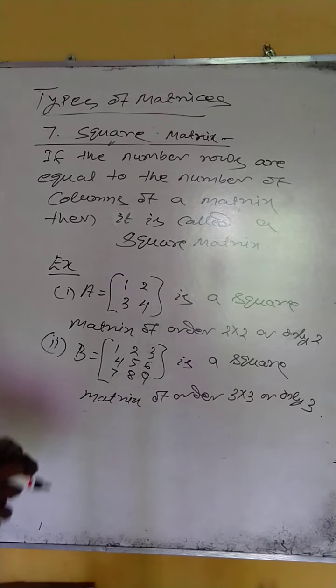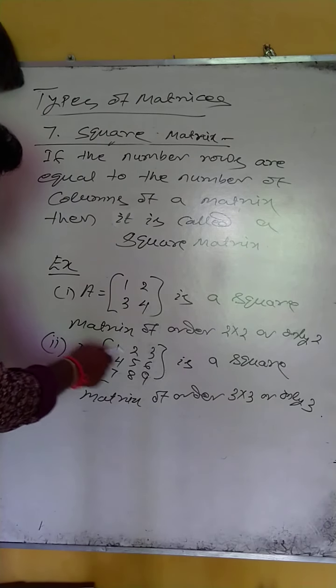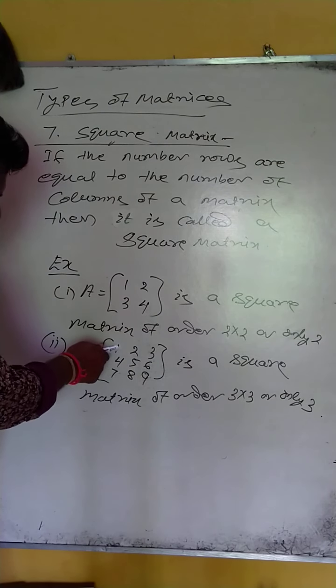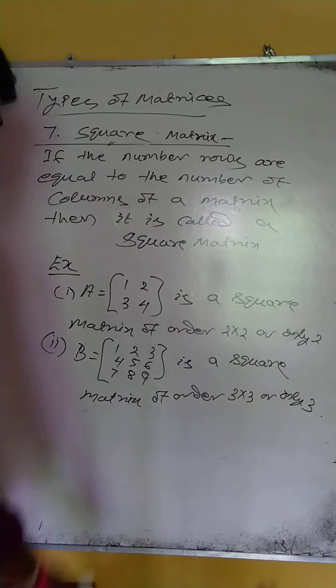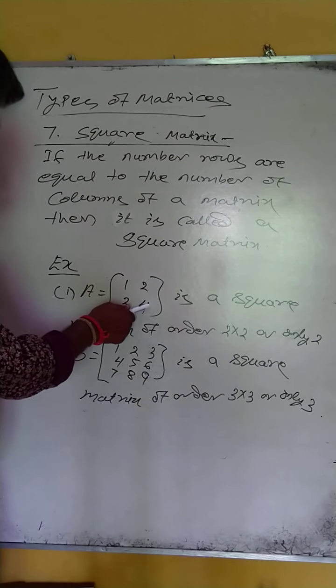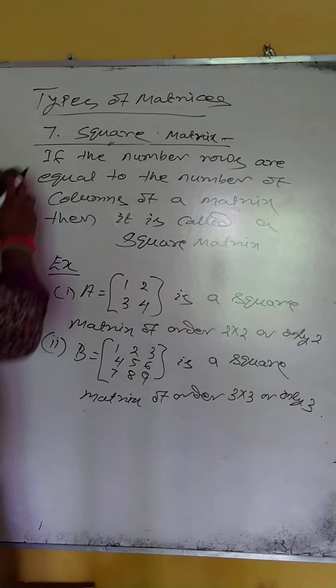Next we discuss the diagonal matrix. You see here that the diagonal elements of this square matrix are 1 5 9 and the other elements are called non-diagonal elements. Here 1 and 4 are the diagonal elements, 2 and 3 are non-diagonal elements.